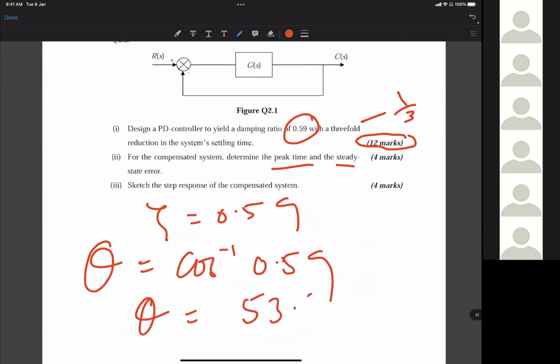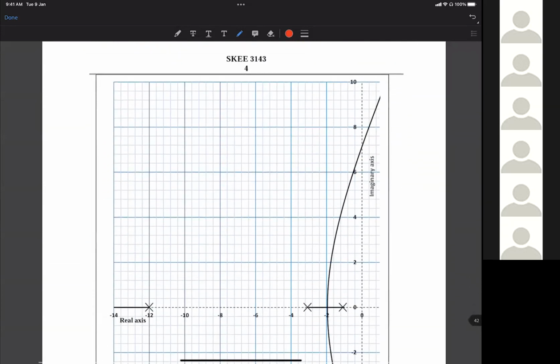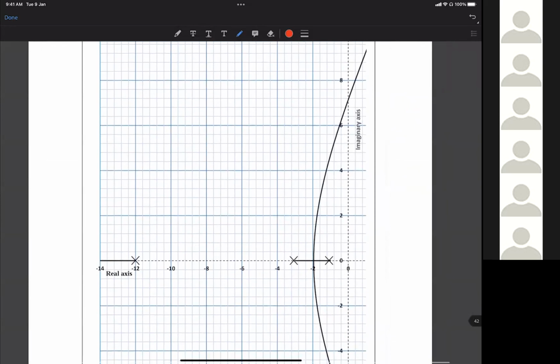So I advise all of you, buy a printer. You have to print this one. Otherwise, how are you going to use the protractor without a printer?